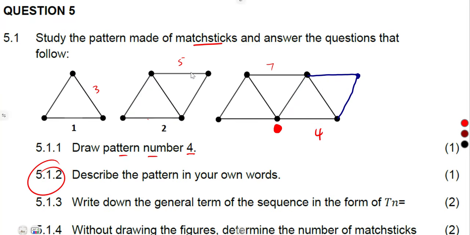Describe the pattern in your words. All right, as we can see here, there were 3 sticks. Here there are 5. Here there are 7. For pattern 4, the one that I added, there were going to be what? 9 of them, because we just added 2 sticks. There were going to be 9 sticks. So what is happening? From each pattern, there is a difference of 2. So we are simply adding 2 sticks to the previous pattern.